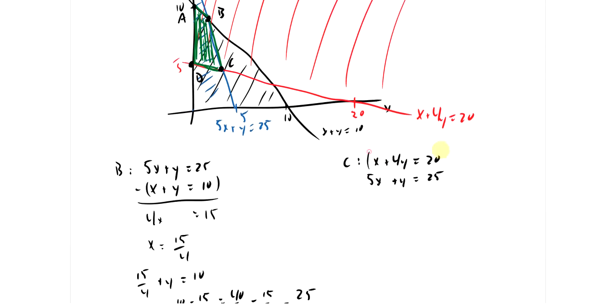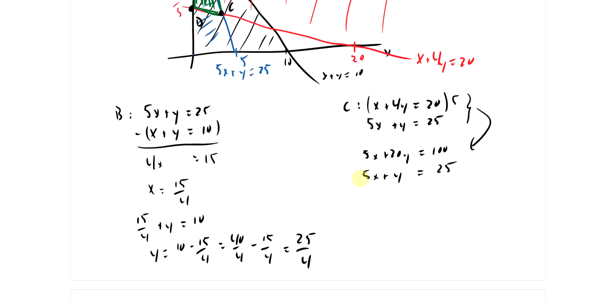Let's see, we'll multiply this by 5, and so these two together will give me 5x plus 20y equals 100, and 5x plus y equals 25, right? And now I can eliminate the x because I've gotten the same coefficient on both of those.